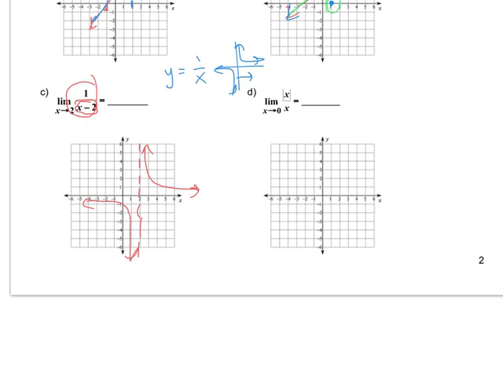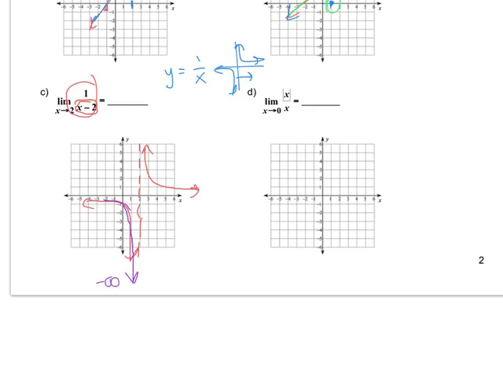So the limit of our function as x approaches 2. Well, this one's a little tricky because x approaches 2 from both sides, which it always will. As x approaches 2 from over here on the left, as we get closer and closer to 2, what's our function doing? It's heading down to negative infinity.